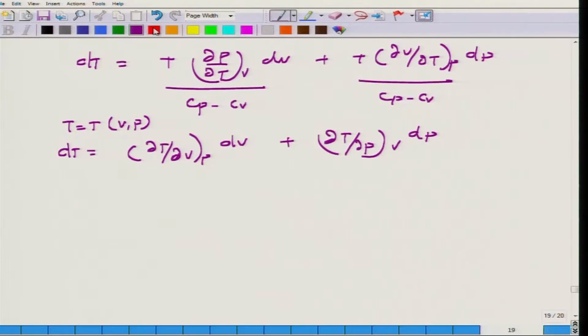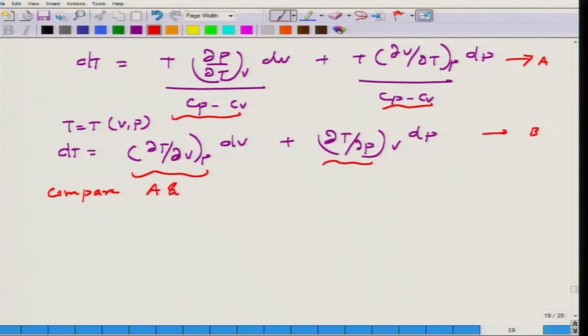This essentially means that this term is equal to this term, and similarly this term is equal to this term. So by comparing these two expressions, let's say A and B, both give us the same final expression. Let me just take one of them.